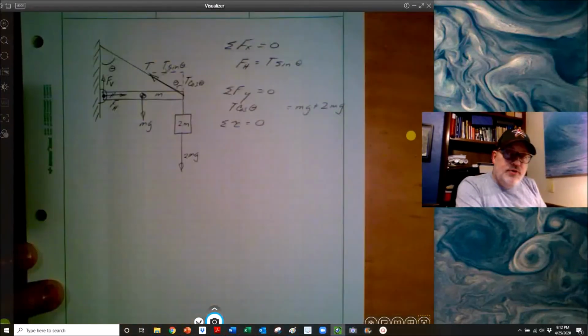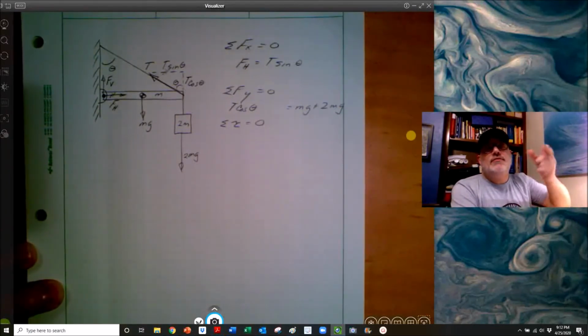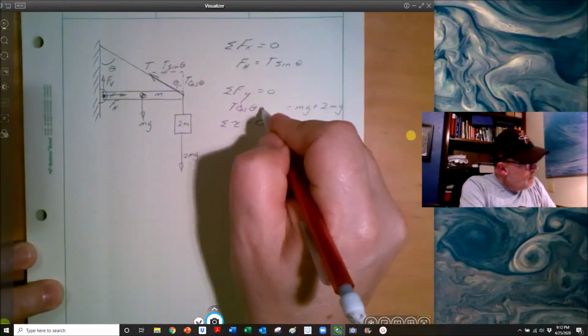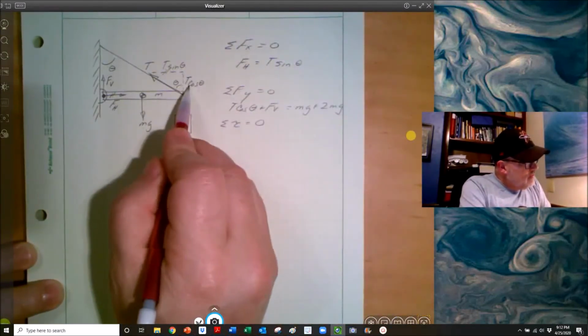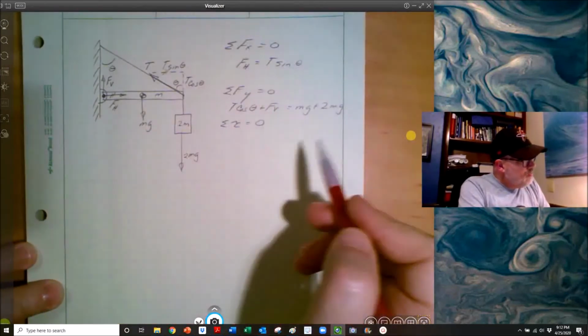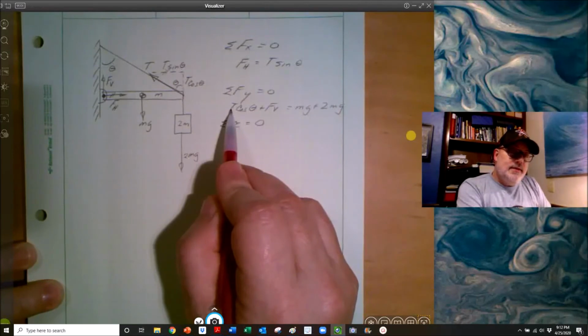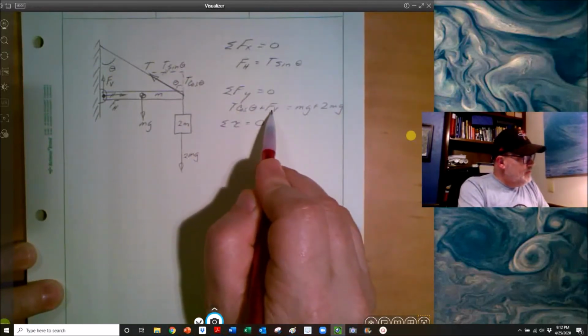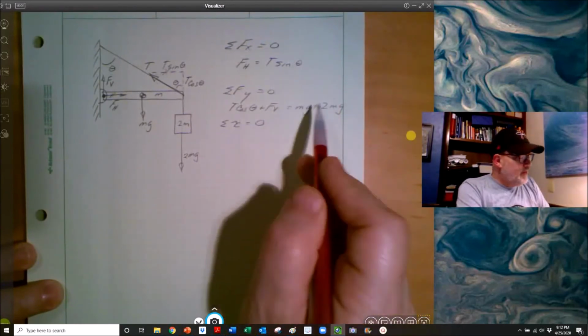By the way, if you don't know, just guess, and then at the end, if you got it the wrong direction, you'll come up with a negative force, and you know you just have to flip it to the opposite direction. So I have a vertical force up and the T cosine theta up and then 3mg down. Now, I do not know what T is yet, and I don't know what this force is yet. So I got to move on. We'll come back to that.